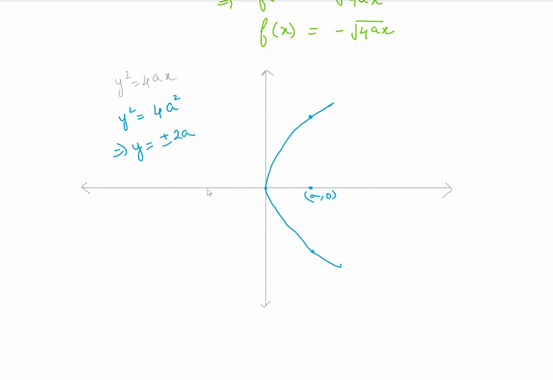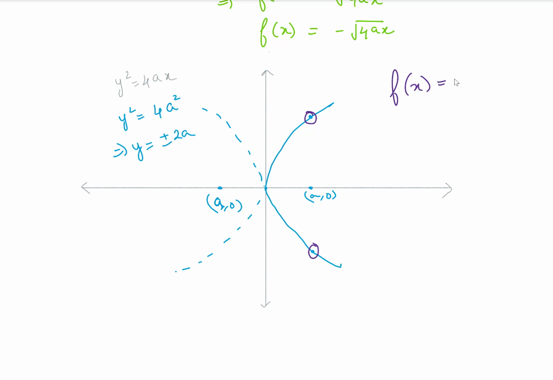And if a were to be negative, then this would have been a comma 0, and we would have a similar parabola in the negative direction. Either way, it is pretty clear that for a given value of x, you have two corresponding y values, and that is not allowed for a function.